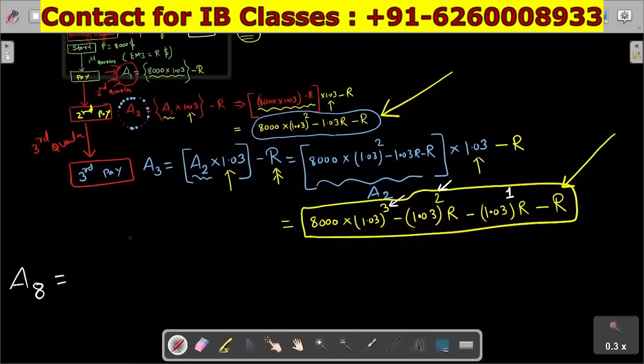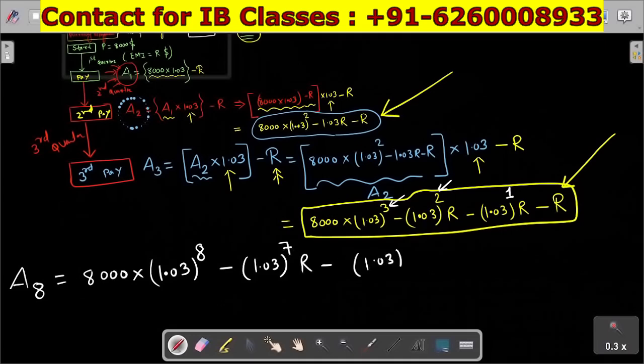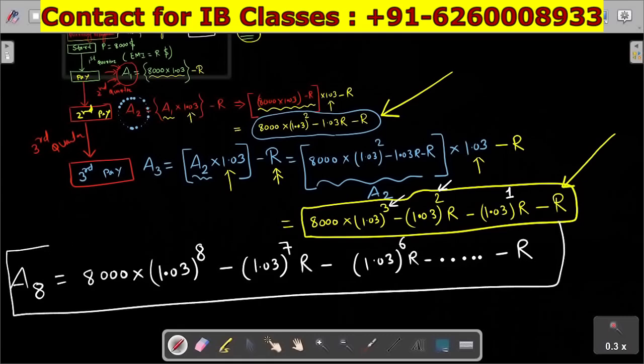According to the pattern, I will simply write 8,000 into 1.03 raised to power 8 minus 1.03 raised to power 7 R minus 1.03 raised to power 6 R minus dot dot dot minus R. So this will be my due amount after the 8th payment.